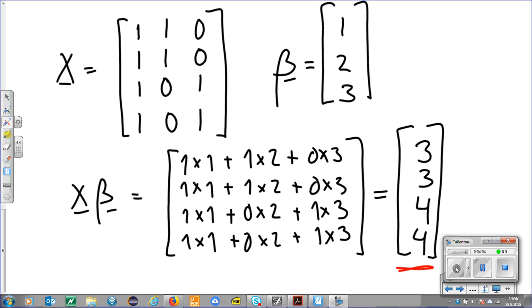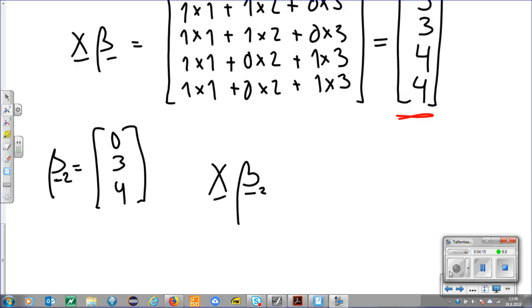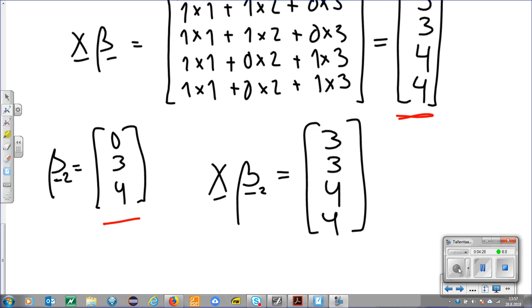However, some other selection of beta will also lead to the same value of xb. For example, let vector beta 2 include 0, 3, and 4. Now x beta 2 is also the same as before. In linear modeling, our aim is to estimate the values of beta.